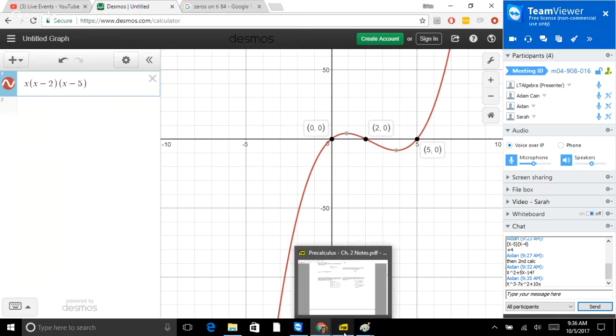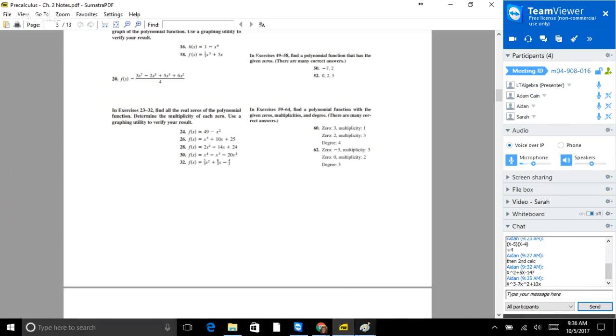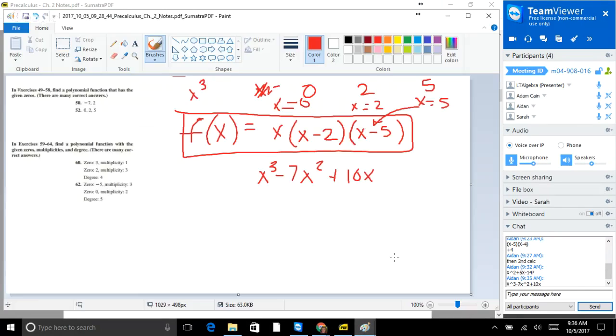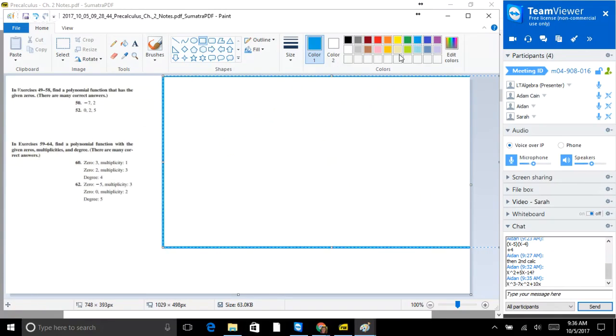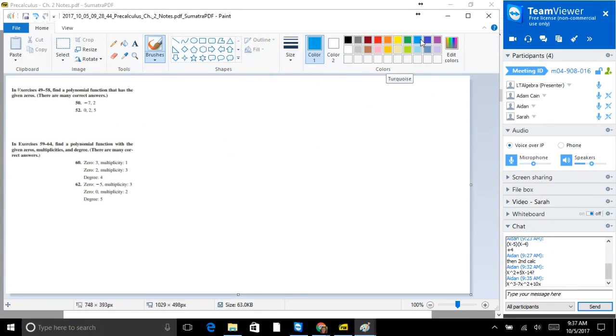All right, one last example, kind of similar, except we are going to have a few multiplicities going on here. In 59 through 64, find a polynomial function with the given zeros, multiplicities, and degree.